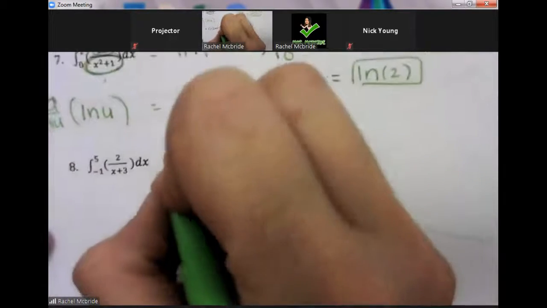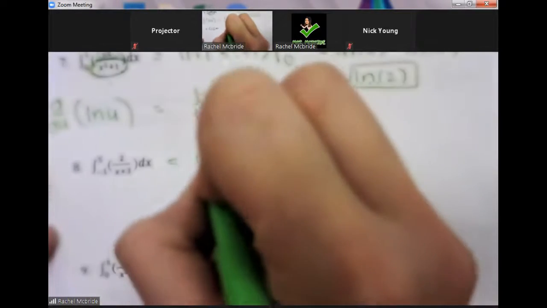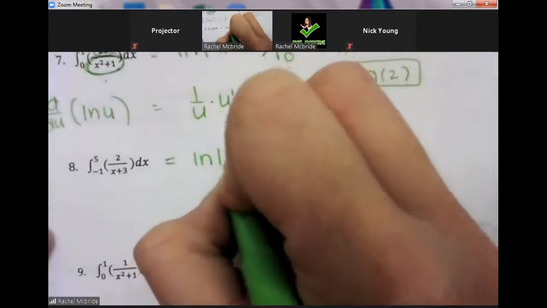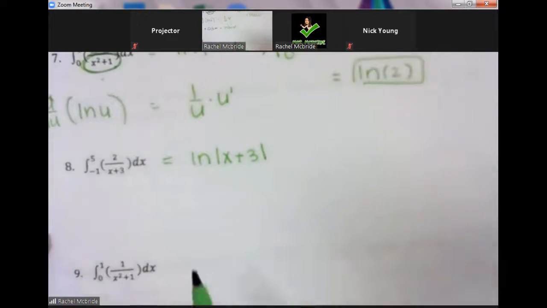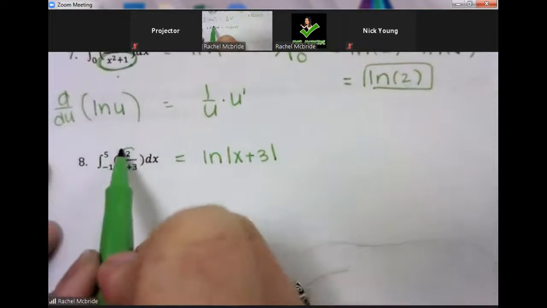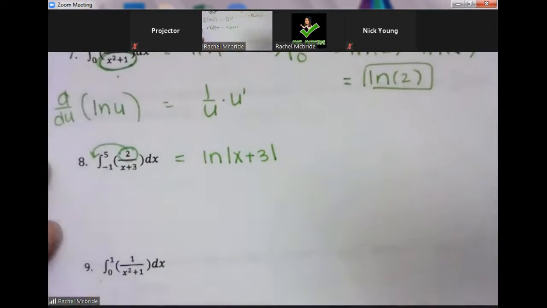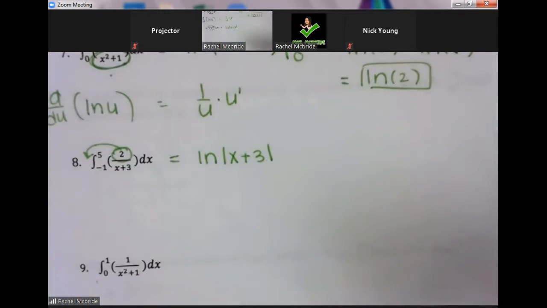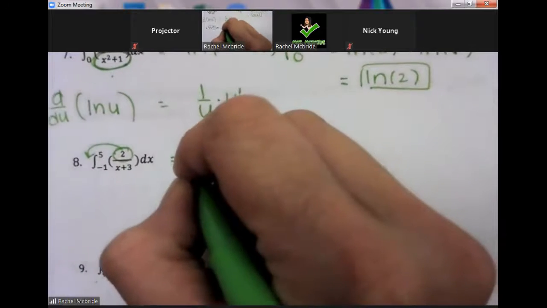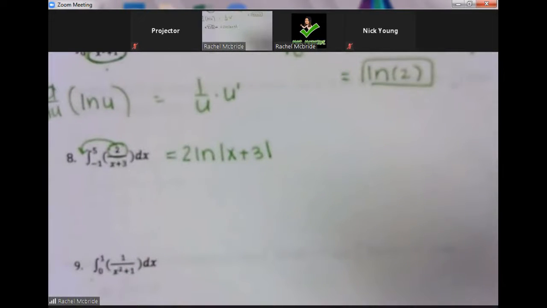Number 8, another example of a natural log. Now for this one, this 2 is kind of like a constant factored out in front, because it wouldn't be part of my antiderivative.